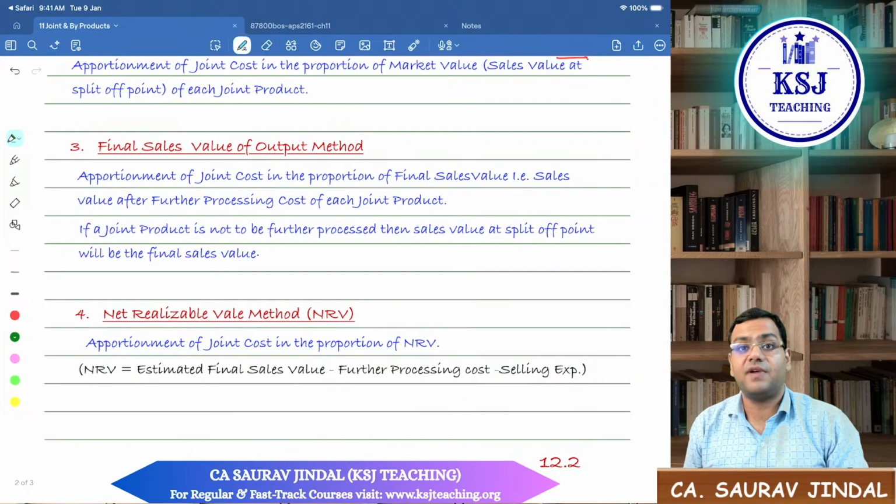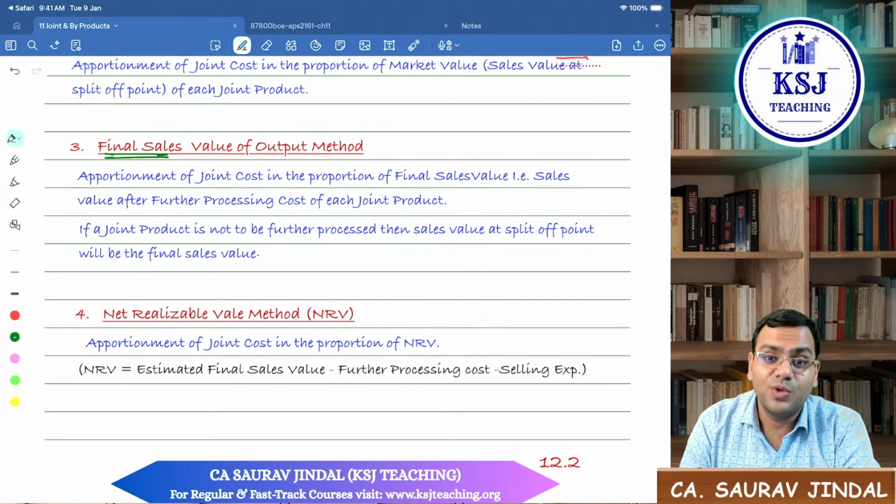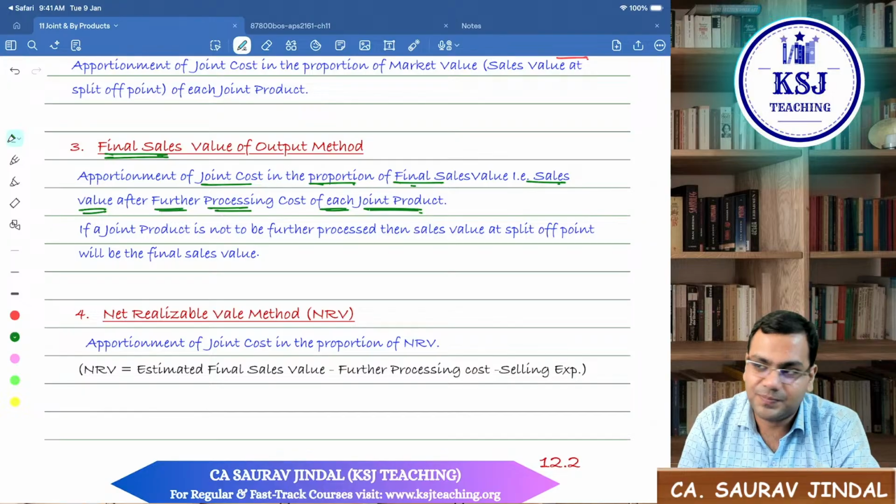The third is the final sales value of the output. What is your final sales value? It is apportionment of joint cost in the proportion of final sales value, that is the sales value after further processing cost of each joint product.